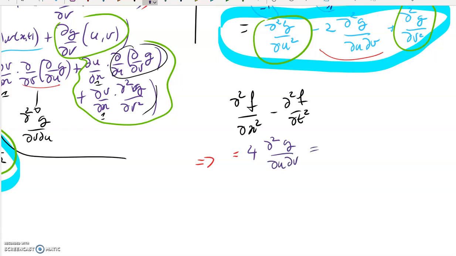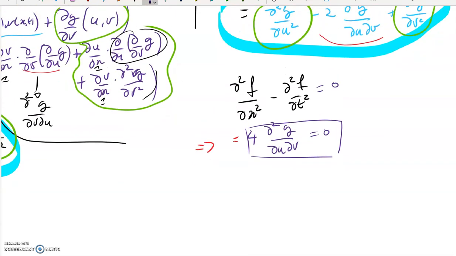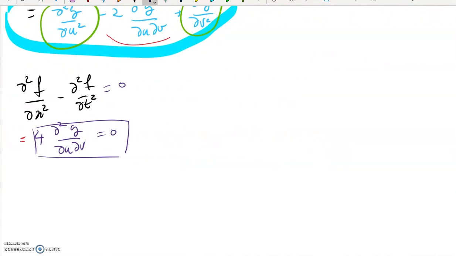Okay, and that should be equal to 0 because that's what the wave equation gives. So our equation now is actually simpler than what we had before.